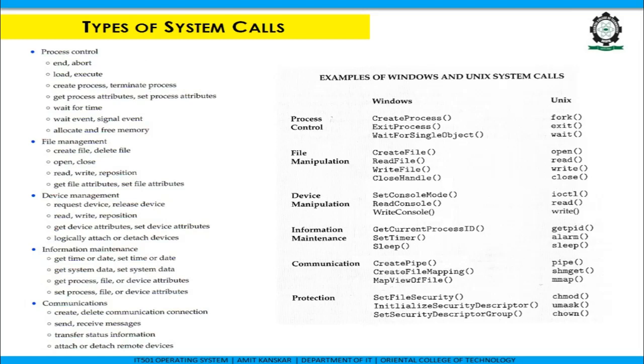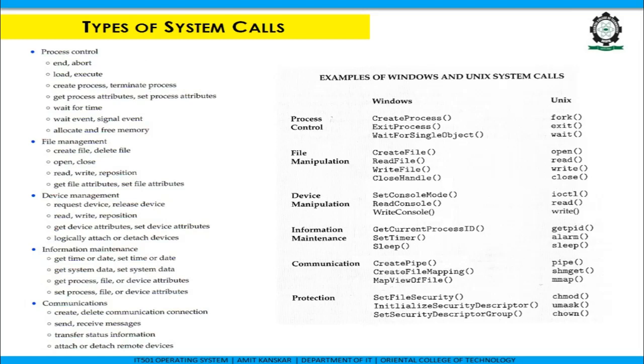Under information maintenance, there are subsections like get time or date, set time or date, get system data, set system data, get process, file or device attribute, set process, file or device attribute.